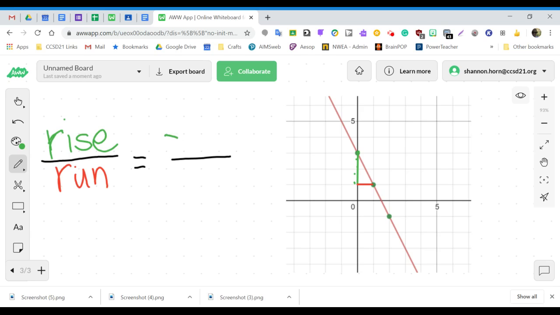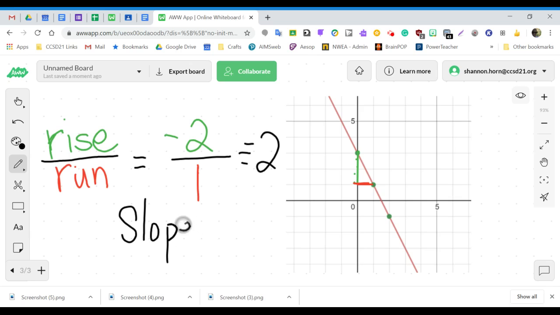So I'm actually going in a negative direction. And I'm going to the right 1, which is a positive direction. So that's a positive 1. And hopefully you remember that a negative divided by a positive is a negative. So in this case, my slope is negative 2.